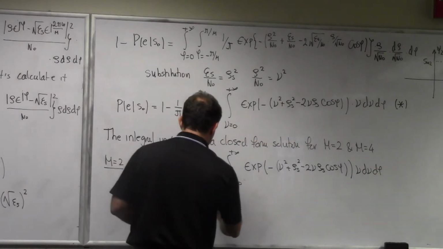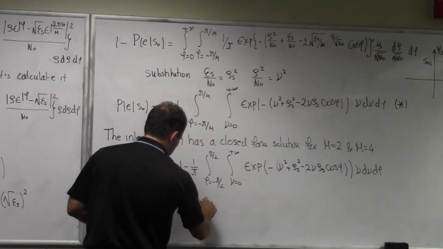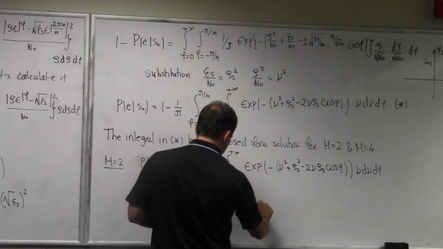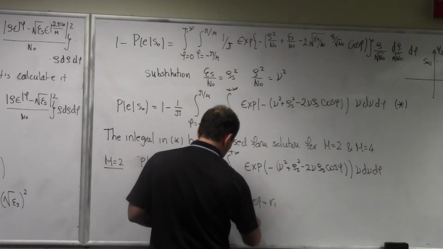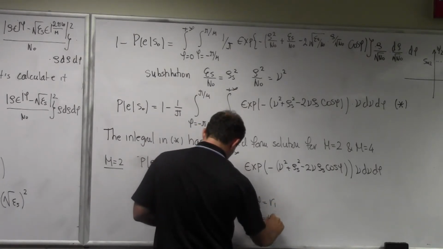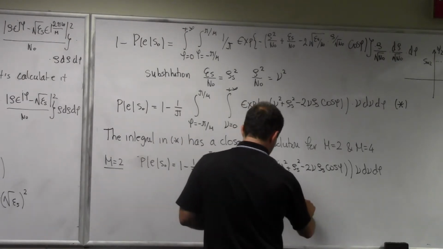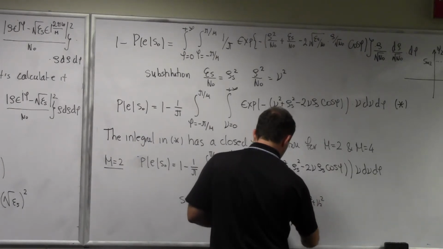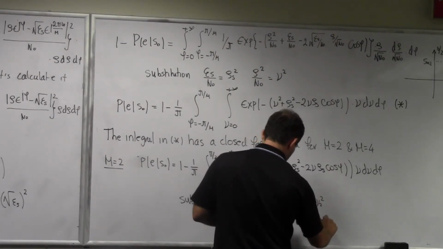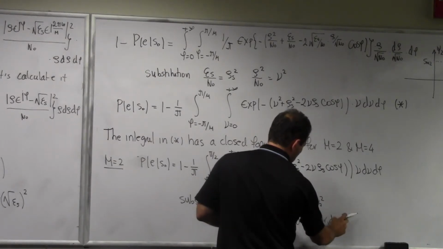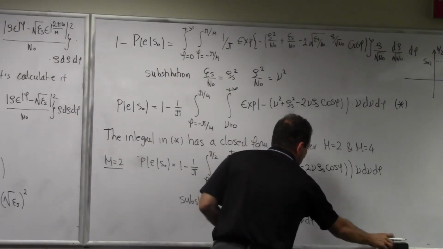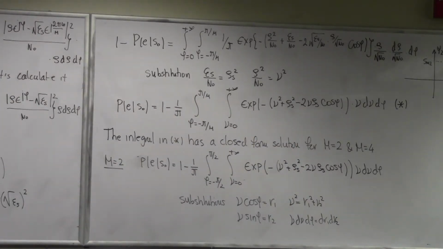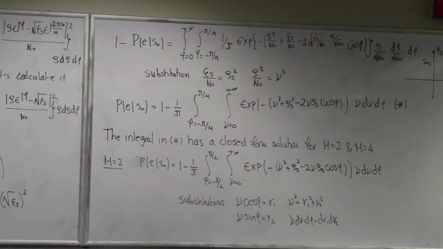And now if I introduce substitutions, nu cosine phi is equal to R1 and nu sine phi is equal to R2. Then nu squared is equal to R1 squared plus R2 squared, and nu d nu d phi is dR1 dR2. What am I doing here? Going back to Cartesian coordinate system. Because of the nature of the problem, it doesn't have the circular symmetry anymore.